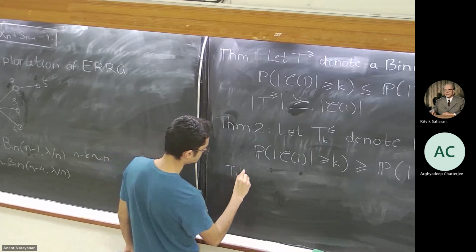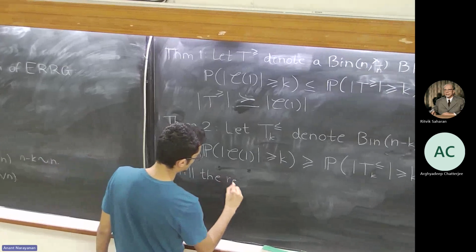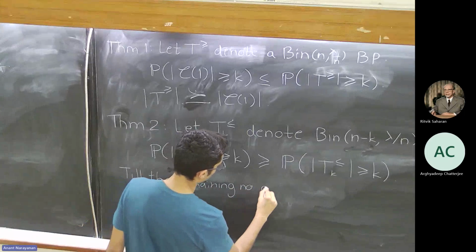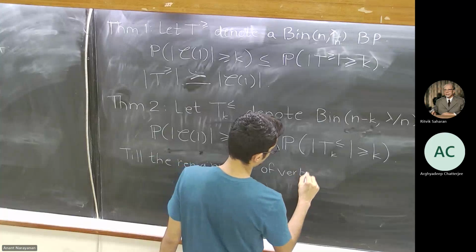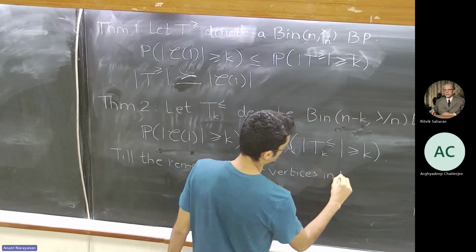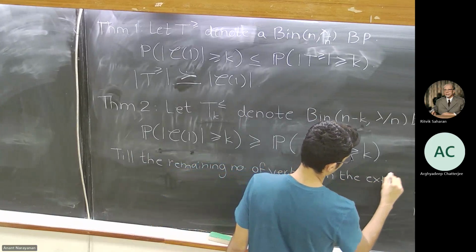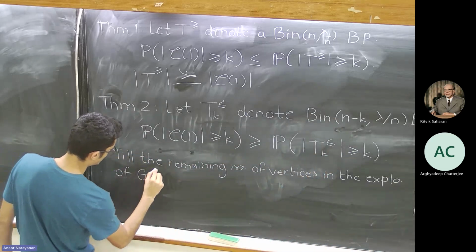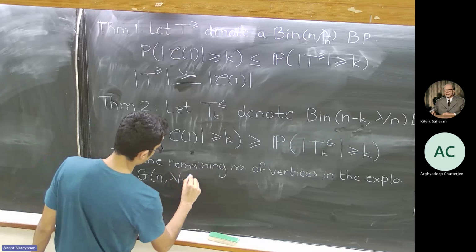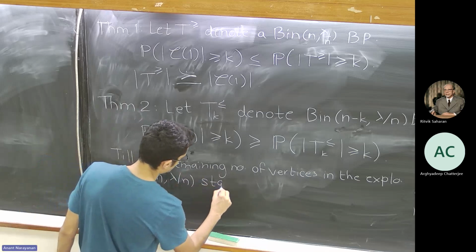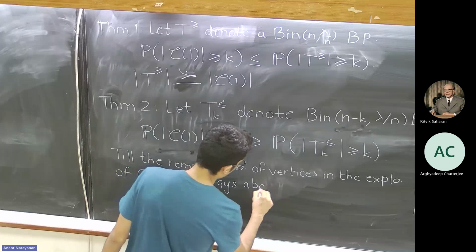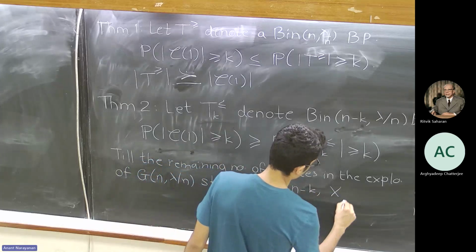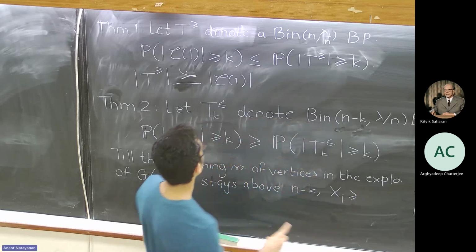Till the remaining number of vertices in the progression of the exploration is n minus k.